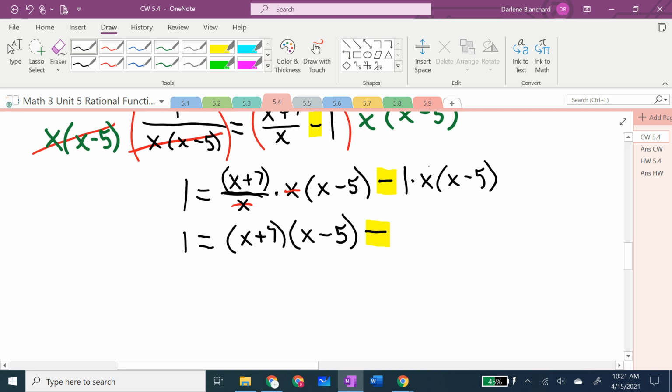And I'm going to go ahead and do distributive property of x. So x times x minus x times 5. Parentheses is very needed because of that subtraction sign. That's one area that people tend to get bitten really, really badly.